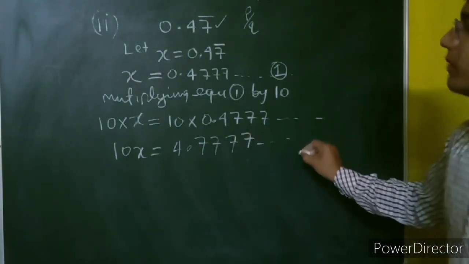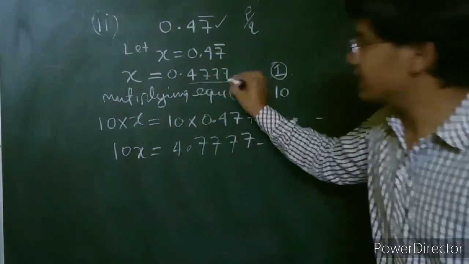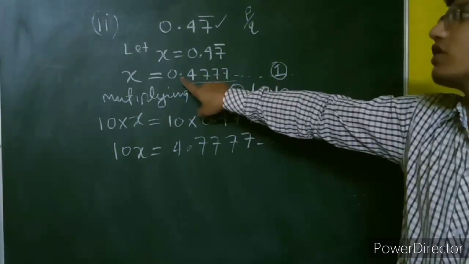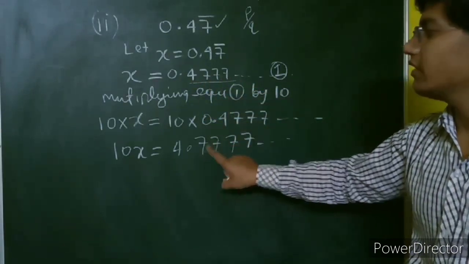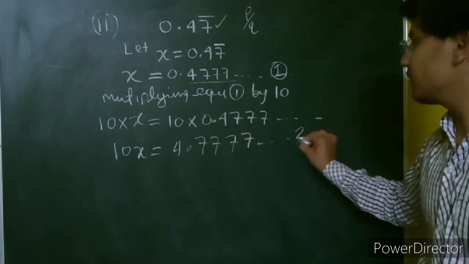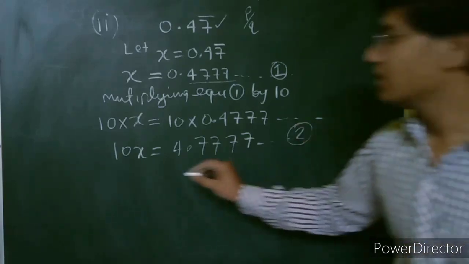Why have I written it? To make it symmetrical like this. Here also we are having after the point 4 digits, 1 2 3 4, and here we will have 4 digits, 1 2 3 4. This will be our equation number second.